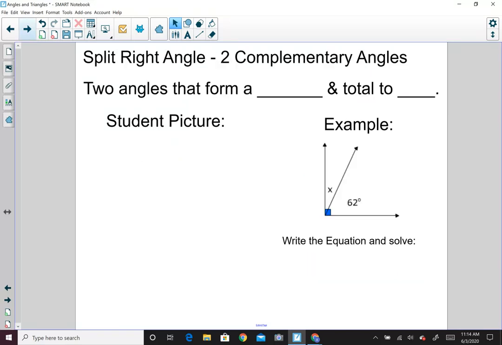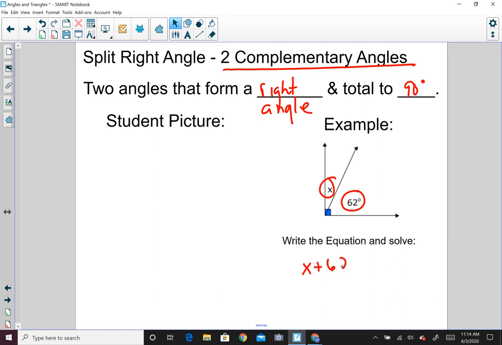Let's take a look at our next type of angle. That's the split right angle. That's what we looked at in the previous picture. They're two complementary angles that form a right angle and total to 90 degrees. We have our picture in our example. So we know this angle plus this angle makes 90. So we have x plus 62 equals 90 degrees.